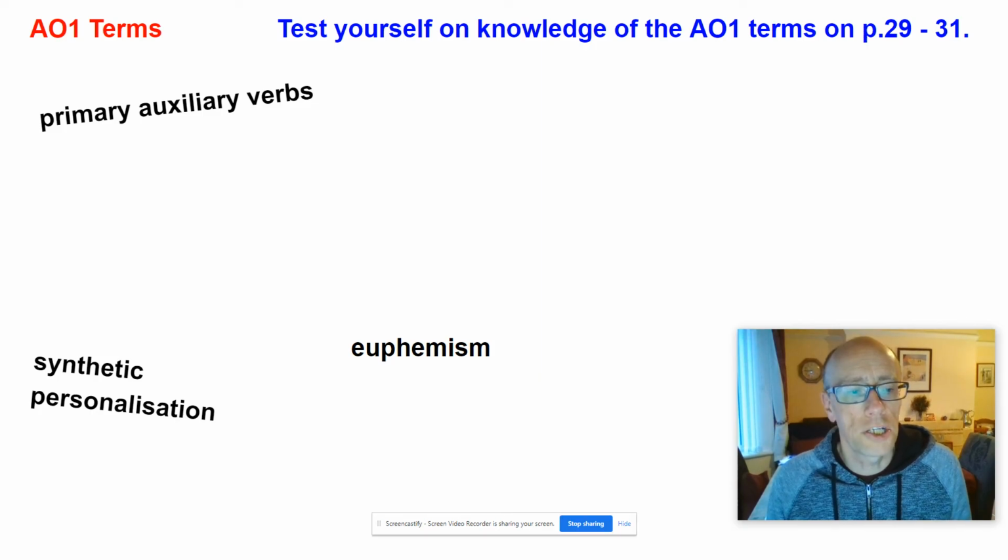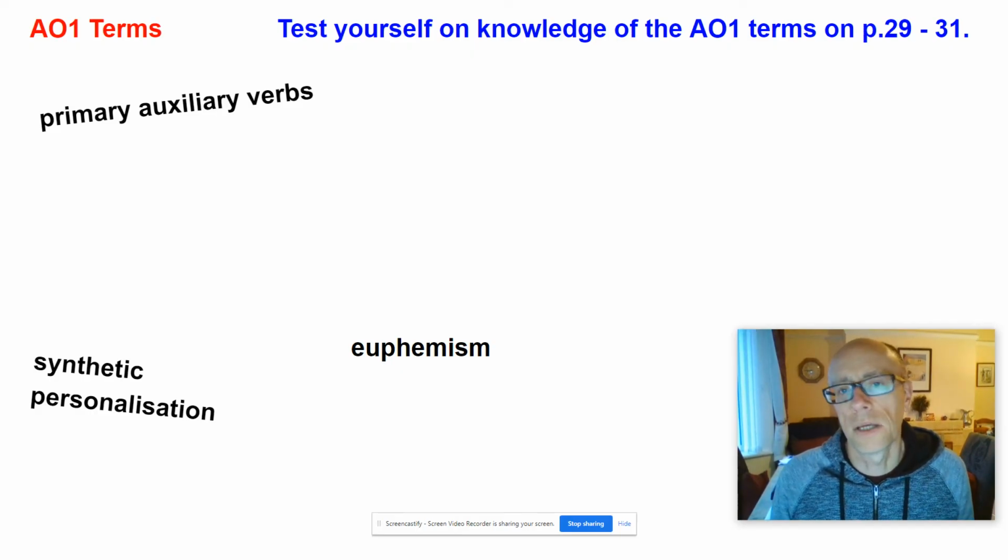Synthetic personalization. Remember that one? So synthetic personalization, I think, is a noun phrase coined by the linguist Norman Fairclough. And synthetic means artificial, and personalization. So this means the kind of informal, personalized language that big institutions use in order to create the illusion that they've somehow got a relationship with you.